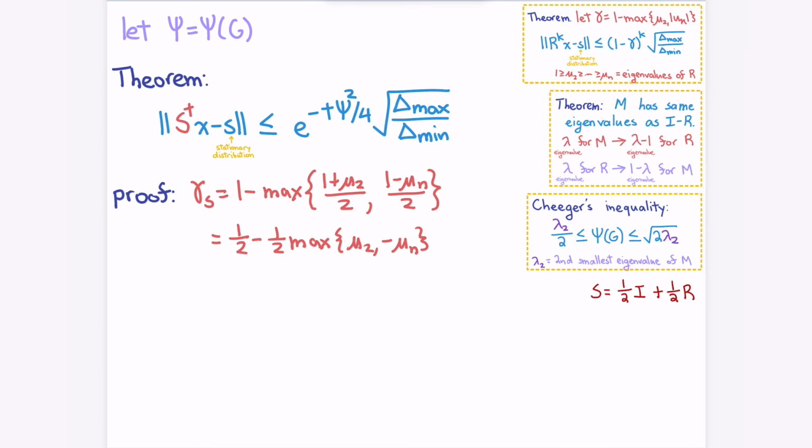And again, I'm doing something way too clumsy. As was pointed out, we just know that the max is always going to be attained by this thing.